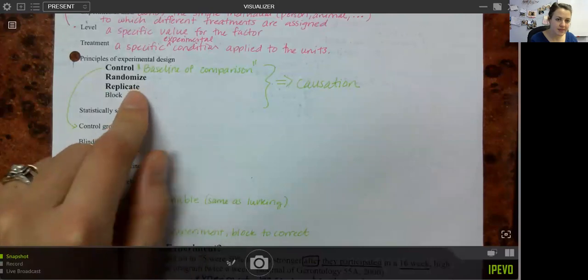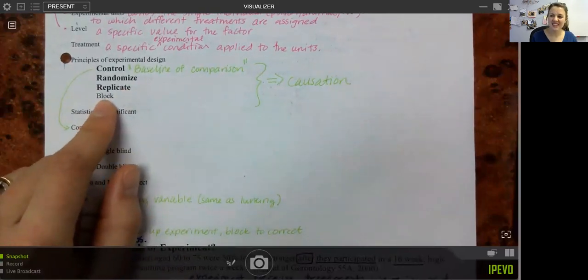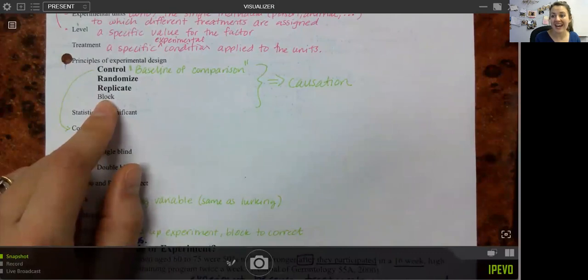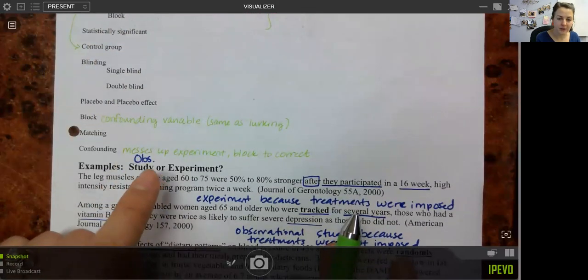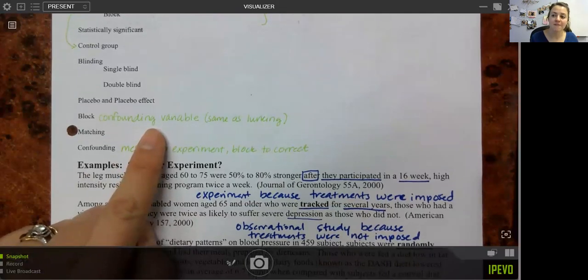Now, sometimes I have the word block not bolded here because sometimes you're going to find that your experiment doesn't go as well as you wanted it to. That's because there's a lurking or something called a confounding variable. A confounding variable is anything that confounds or distorts your results from being really the best they could be.